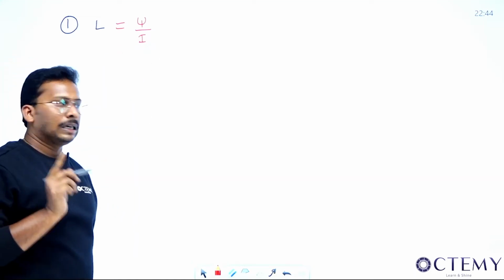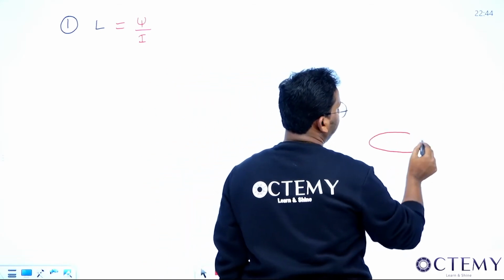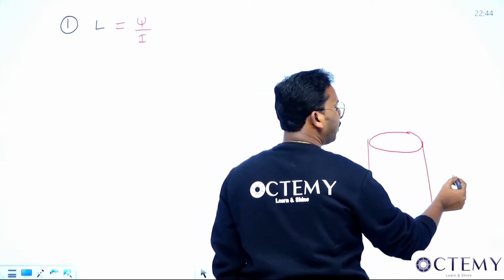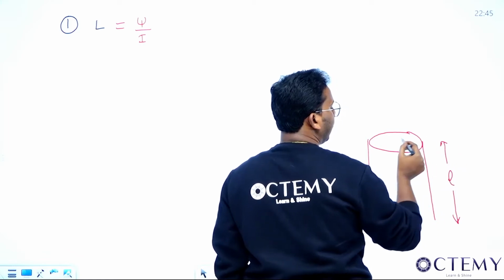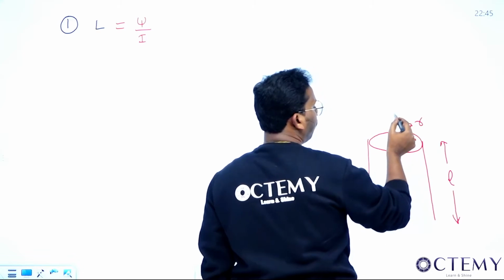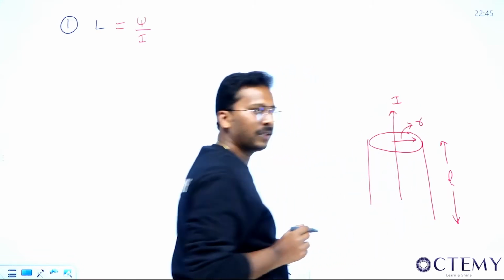For you, there will be a conductor given whose radius is known and whose length is known. The length of the line, the radius of the conductor being used, and how much current is flowing through it will be given to you. This is what is known, right?